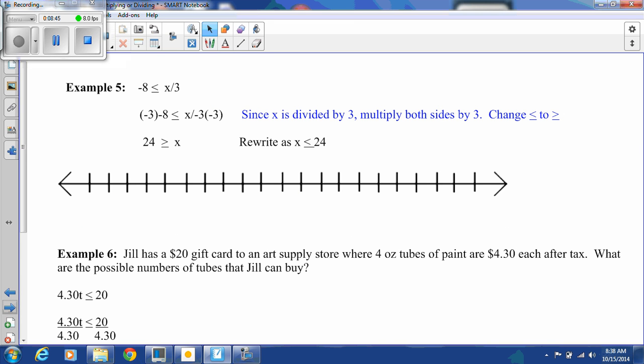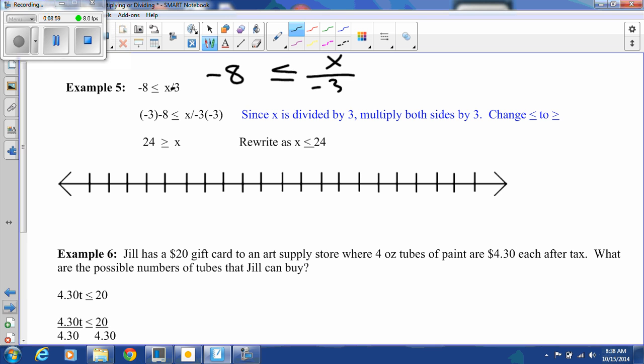The same is true for division. Let's put this little negative sign right there so I can illustrate this to you. I'm going to start with the example: -8 is less than or equal to x divided by -3. Since x is divided by -3, you're going to multiply both sides by -3.